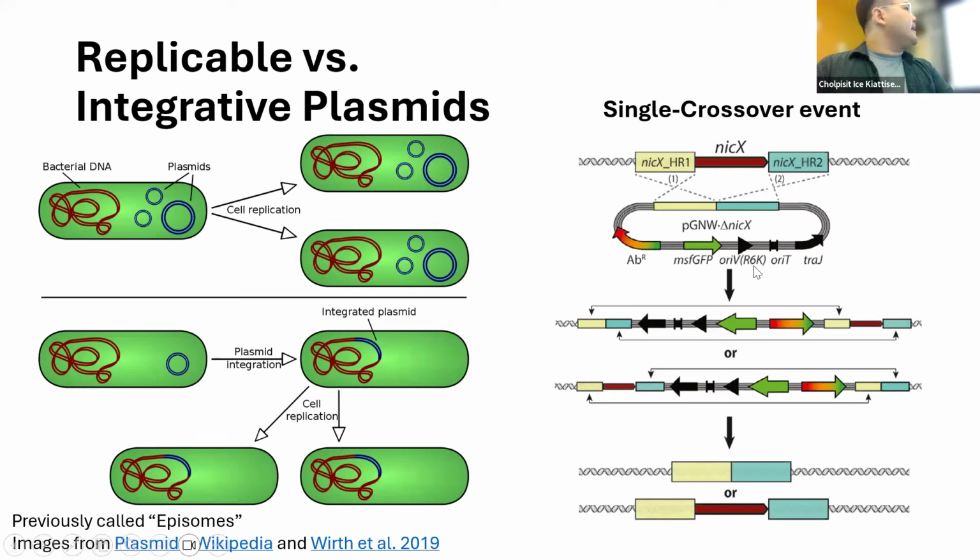On the right hand side is an example of the single crossover event when this whole plasmid just gets inside the genome. From what you can see right here, there is a gene called NICX, where it has HR1, which is homologous region 1, and HR2, homologous region 2.